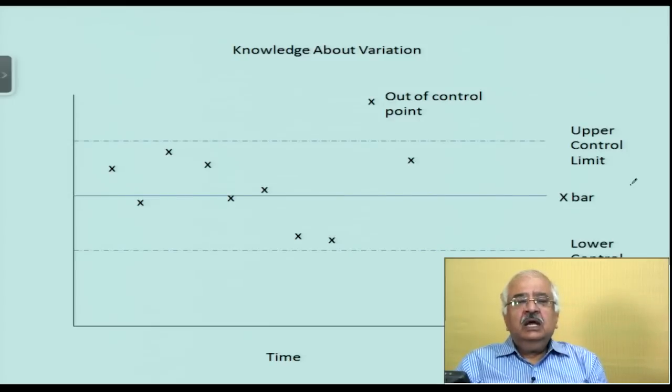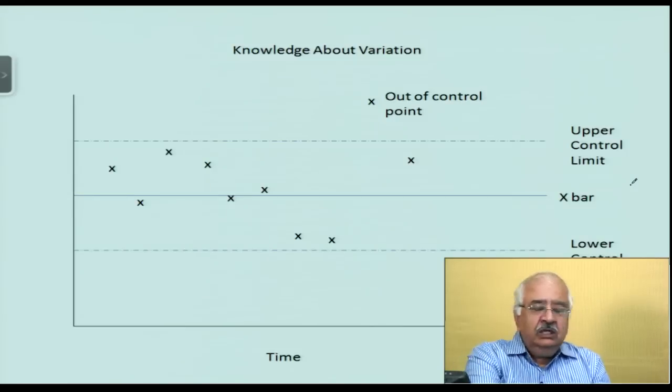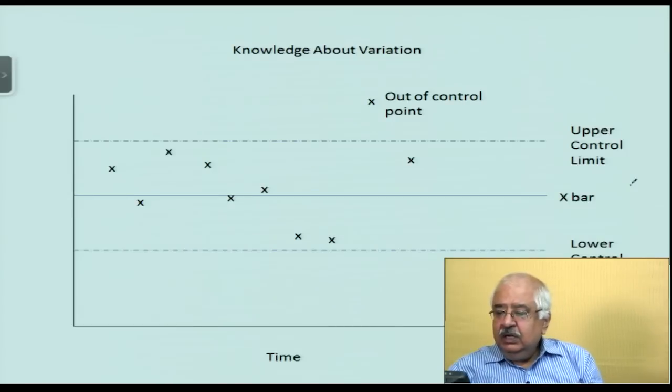A lot of you would probably relate to this particular diagram. This is your typical statistical process control chart, where we are plotting the output from a certain process over a period of time. And what we see over here is there are three lines.